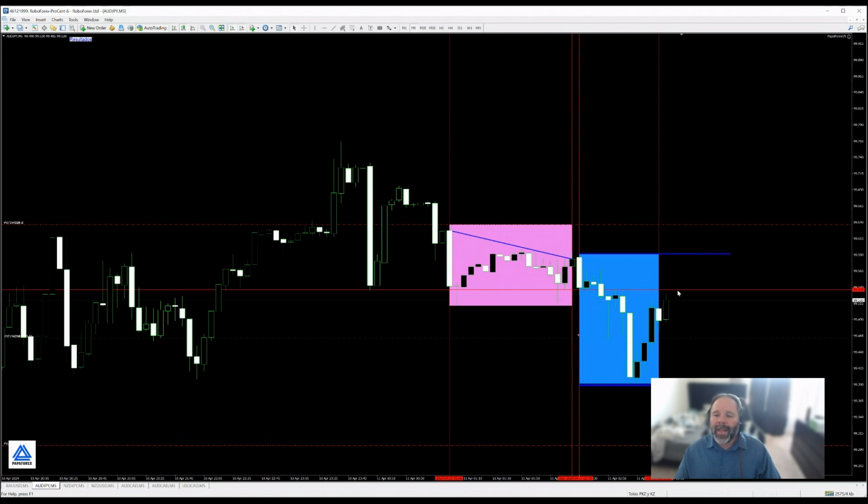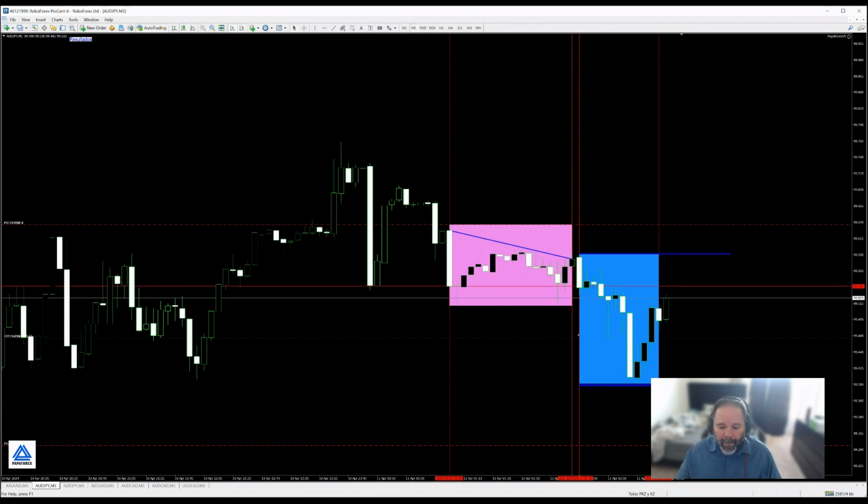Now, if it breaks up and it touches the stop loss, then I can do a buy and try to recover this trade. If not, if it continues down, it hits TP1. Actually, it was already almost half the way to TP1. So we just need to have a lot of patience.